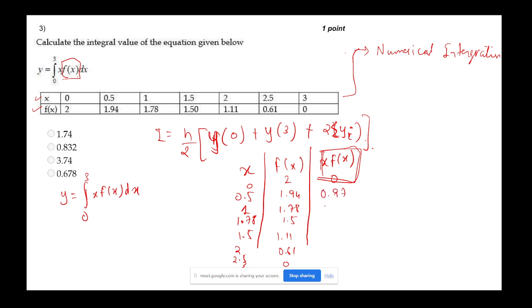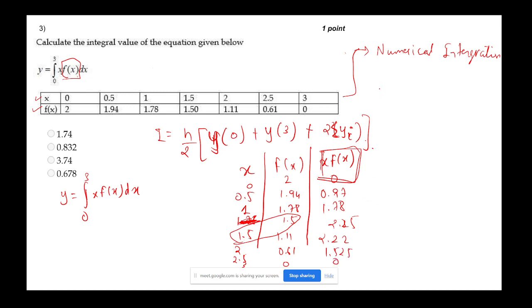This will be 1.78. 1.5 into 1.5 is nothing but 2.25. Then 2 into 1.11 is 2.22. 2.5 times 0.61 is 1.525. This will be 0.